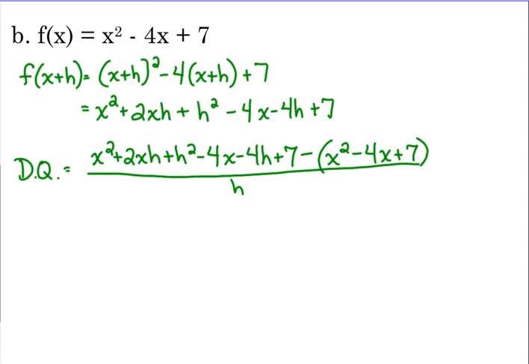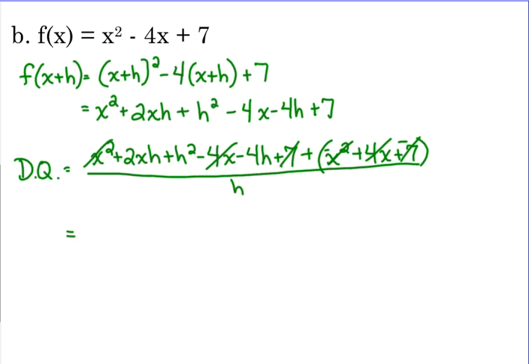Okay, it's about to become a lot more condensed. If we distribute that negative there, we've got a negative x squared plus 4x minus 7. So the x squares cancel. The 4x cancels because the first one's negative, the second one's positive. The 7 cancels because the first one's positive, the second one's negative.